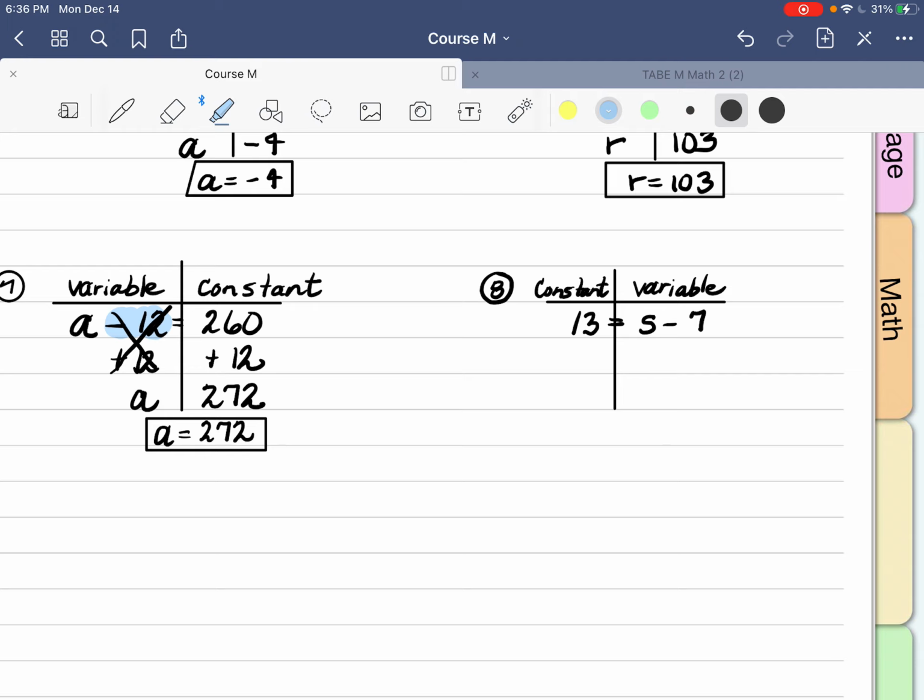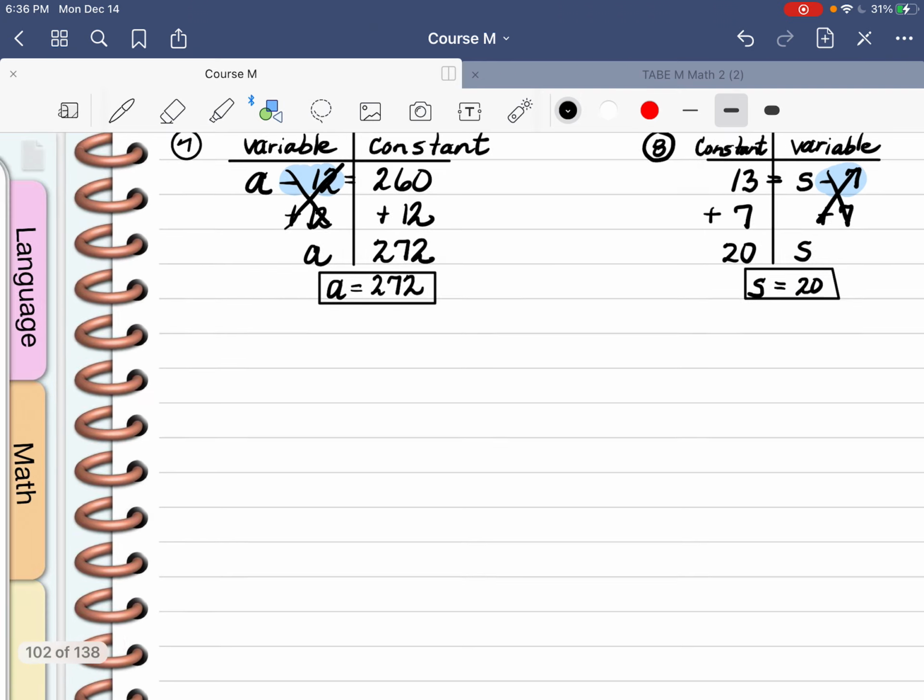What needs to move? The minus 7. So you add 7, you add 7, you cancel, you copy, and you standardize. S equals 20.